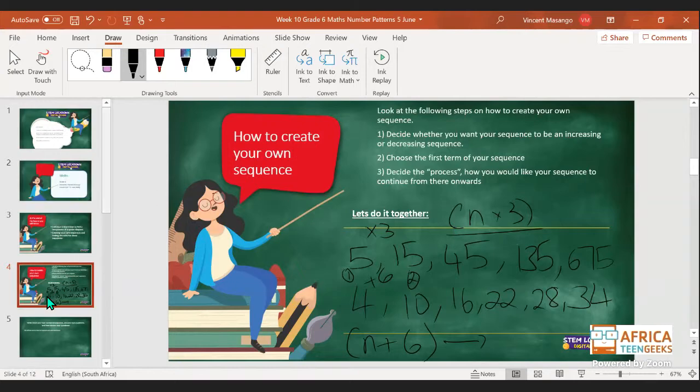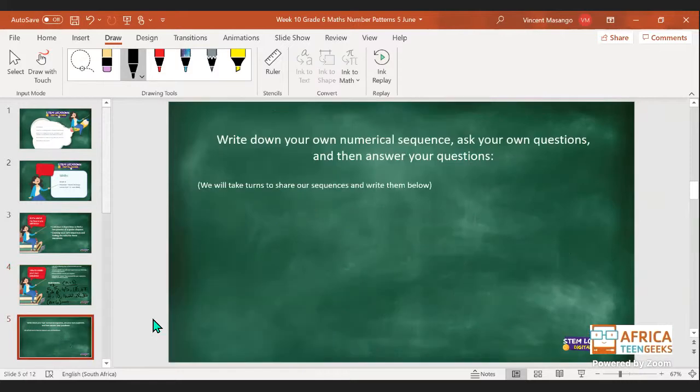Okay, let's move on to the next slide. You are going to write down your own sequences. So I want to see a couple. You're going to write down your own numerical sequences, ask your questions, and then answer your questions.